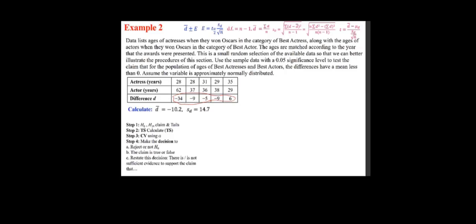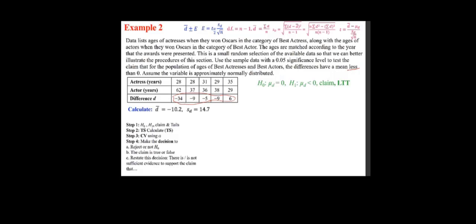You come up with X. Now, remember what this says, less than 0. So you have the first one taken care of. Mu sub D is 0. Mu sub D is less than 0. That's H1, and that is the claim, and that is a left tail test.